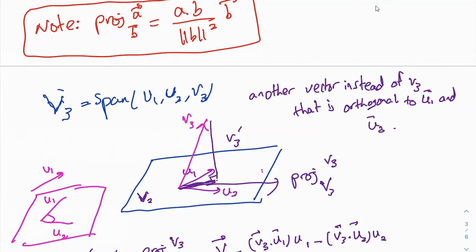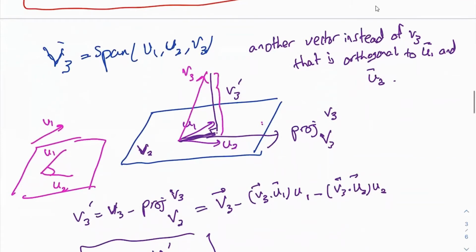Now I am trying to find this V3 prime. You see, V3 prime is orthogonal to the plane, therefore it's orthogonal to every single line in that plane, okay? So what is V3 prime? V3 prime is nothing but V3 minus the orthogonal projection of V3 on the subspace V2.